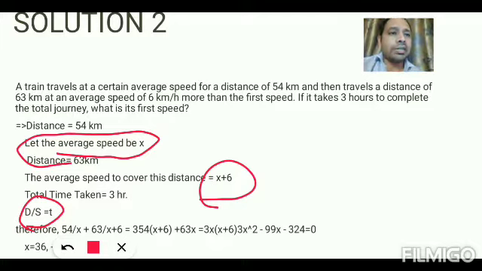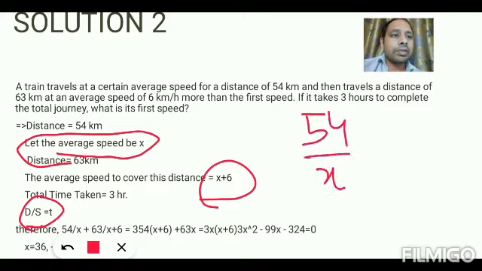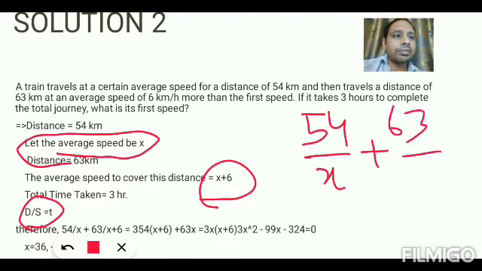We can write 54 upon x plus 63 upon x plus 6 equals 3.